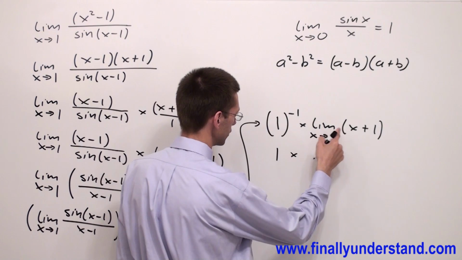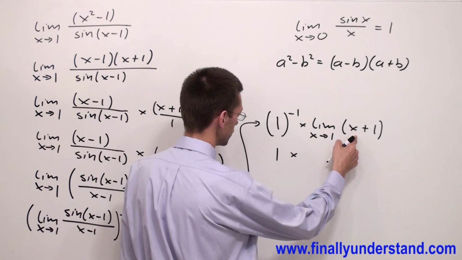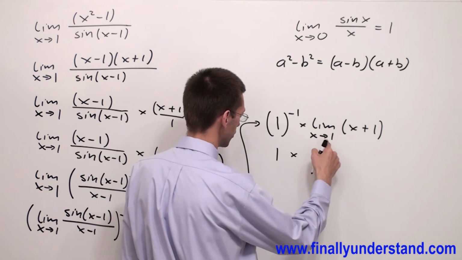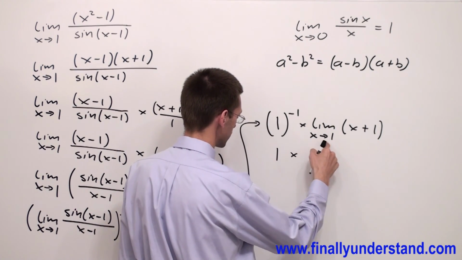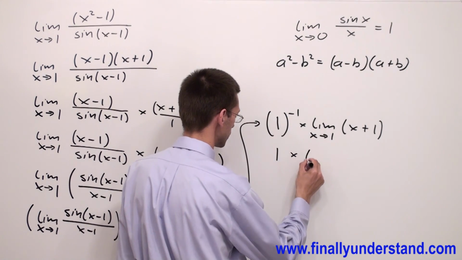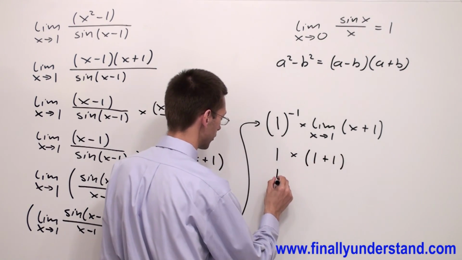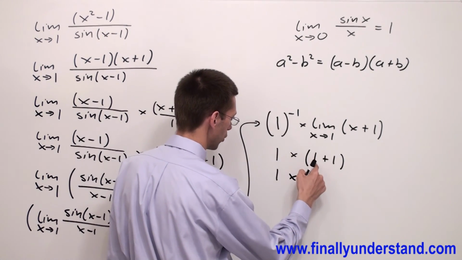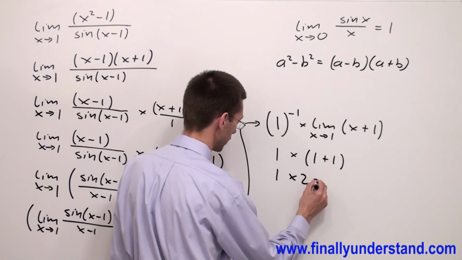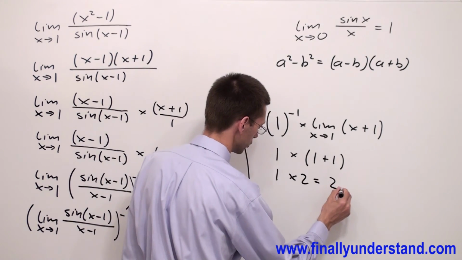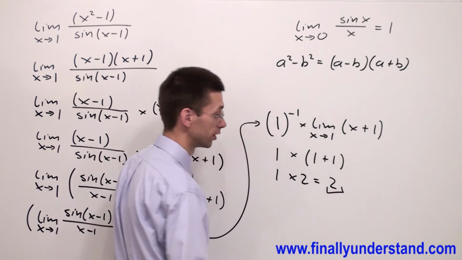Because I have the limit of a polynomial, I simply replace every x by the value to which x is approaching. That's why I'm going to simply write 1 plus 1. And I have 1 times 1 plus 1, which is 2. 1 times 2 is equal to 2. This is the solution to my problem.